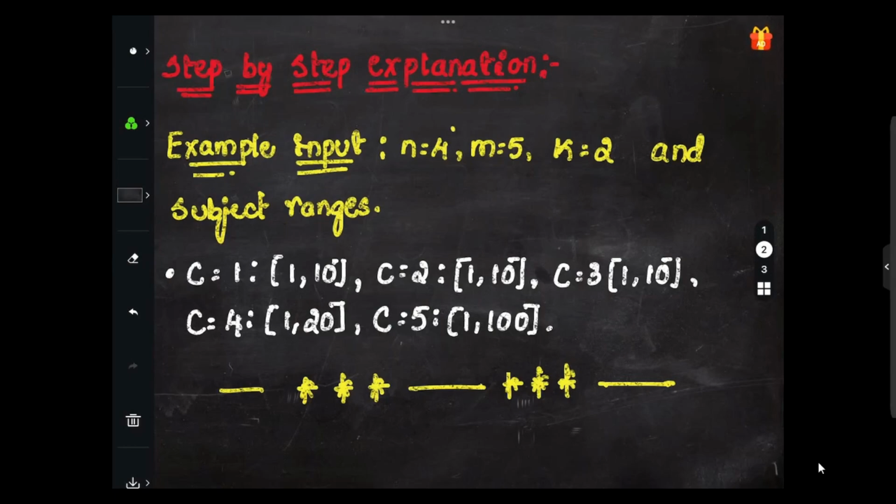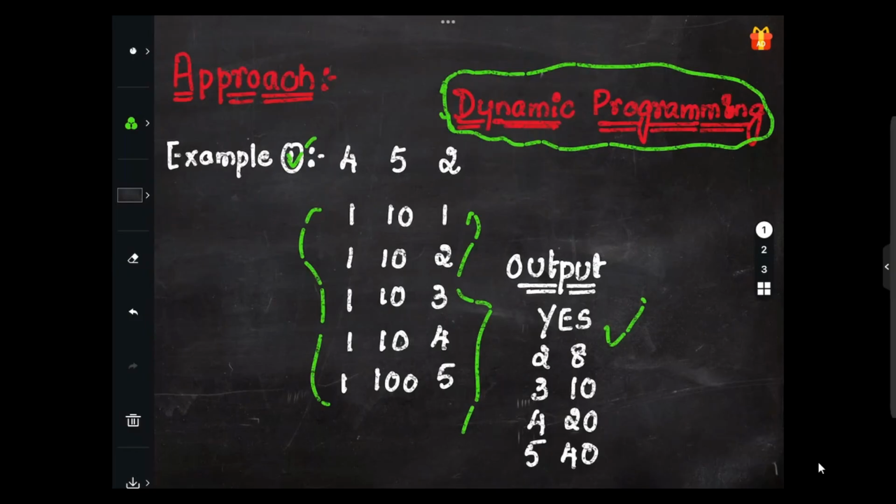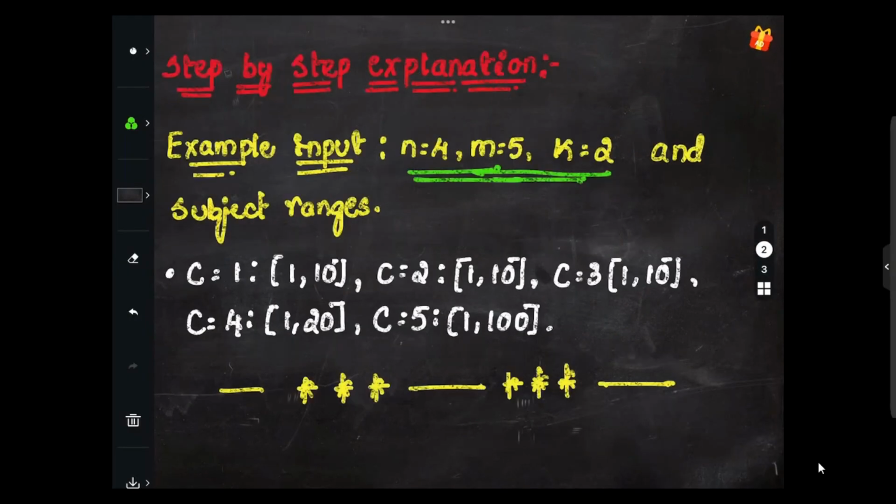We are considering the same example, the first input that they have given in the question. n we have 4, m we have 5 and k we have 2.